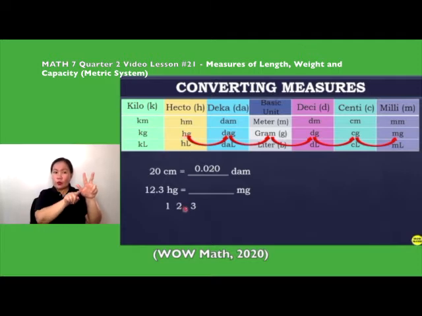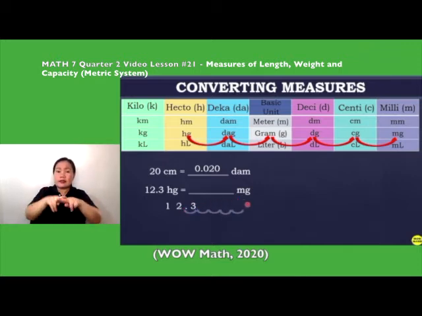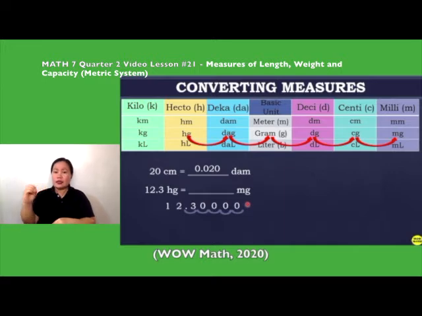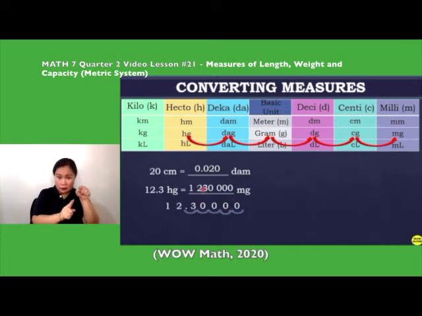Okay, 5 daw, going to the right. So, 1, 2, 3, 4, 5. So, ilan ang bakante natin? 4 na 0. So, lalagyan natin yan ng 4 na zeros. And then, the answer will be 1,230,000 milligrams. Okay. So, ayan po. And then, aayusin na lang po natin. Okay. So, 1,230,000 milligrams. So, ganun lang po.